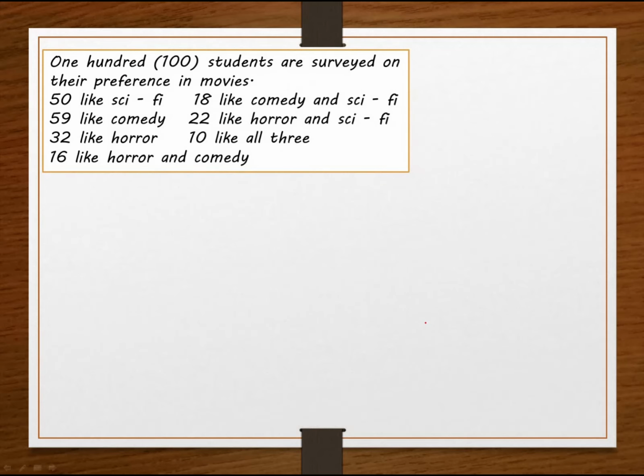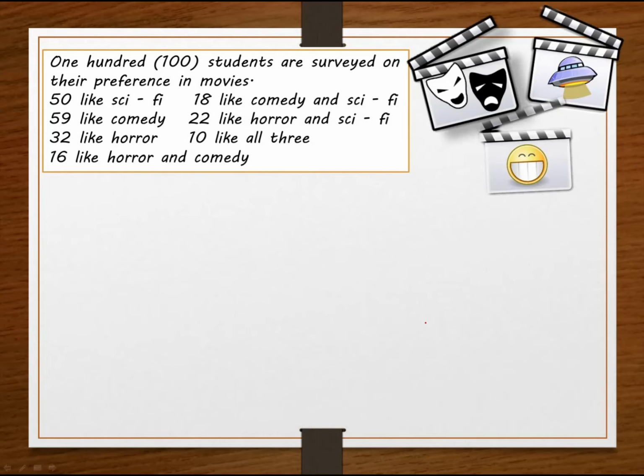Let's have another example. 100 students are surveyed on their preference in movies. 50 like sci-fi, 59 like comedy, 32 like horror, 16 like horror and comedy, 18 like comedy and sci-fi, 22 like horror and sci-fi, and 10 like all 3.